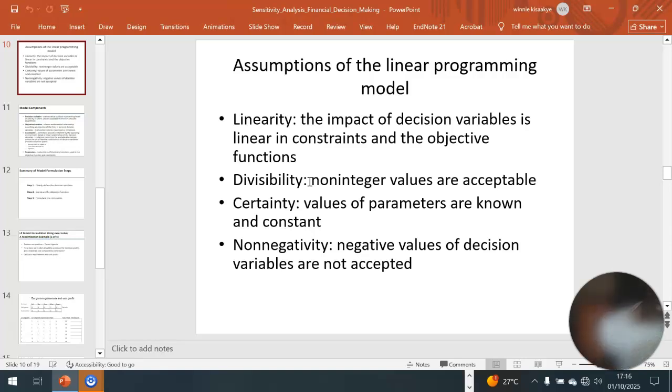Then non-negativity, you find that negative values of decision variables are not accepted. It is either greater than or equal to 0. Solver doesn't accept negative values, so it is a non-negativity programming tool.